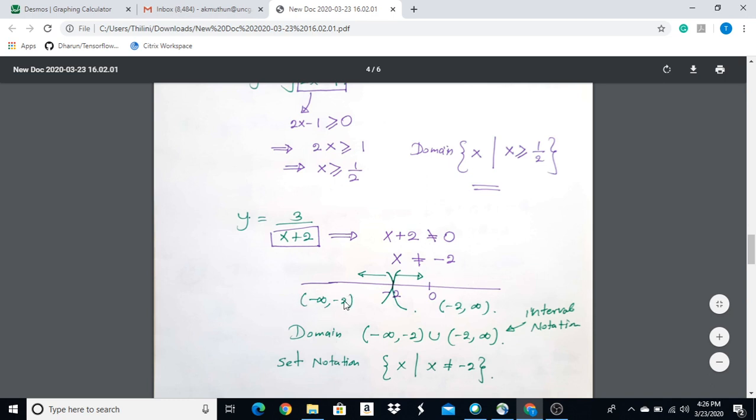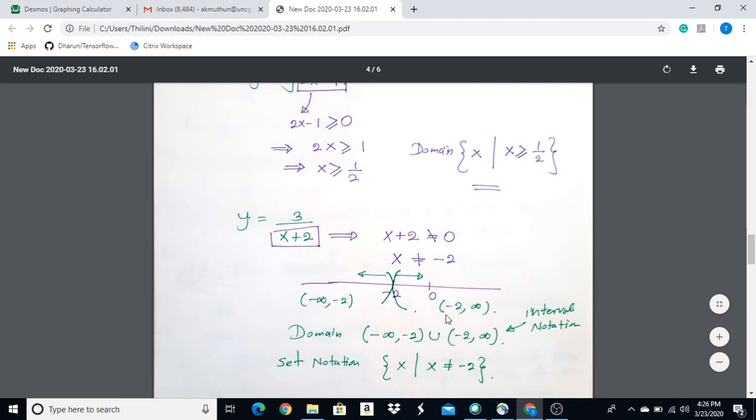As interval notation, any value less than negative 2 is represented as negative infinity to negative 2, excluding negative 2.